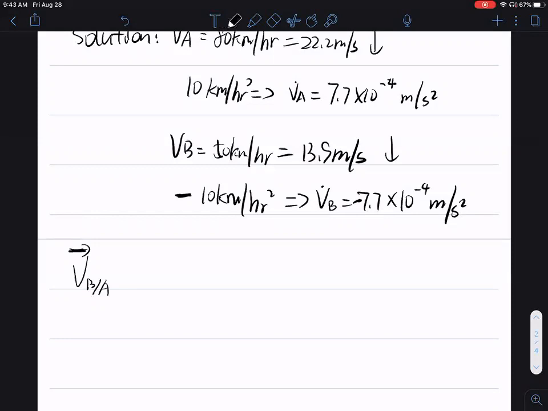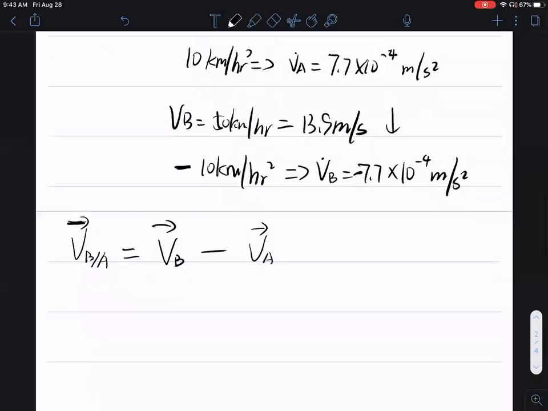So what is VB/A equal to? From the definition, it equals the difference between two velocities. Should VB come first or VA come first? VB comes first and VA comes second.